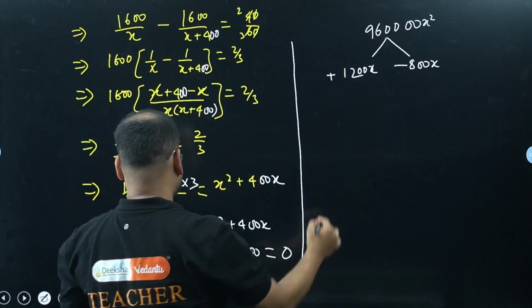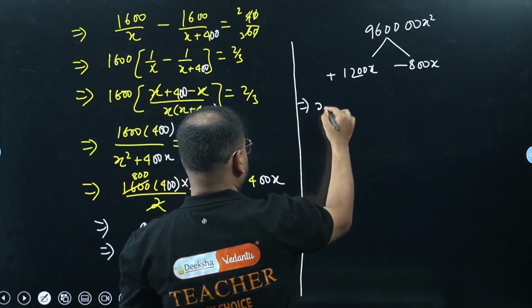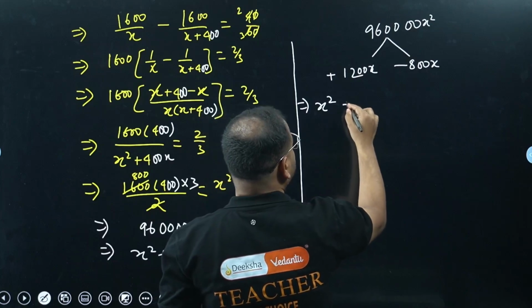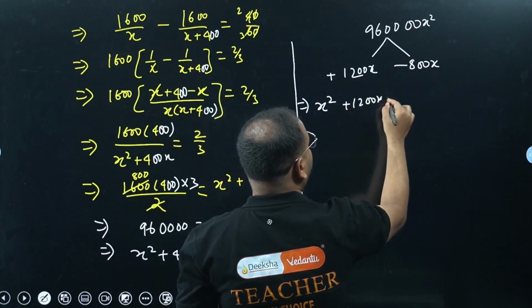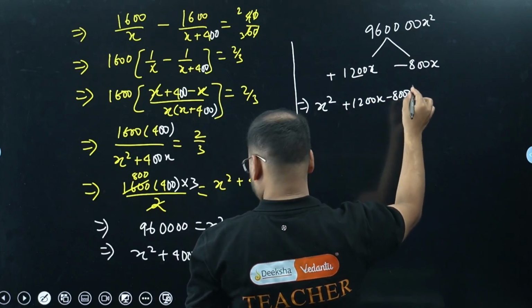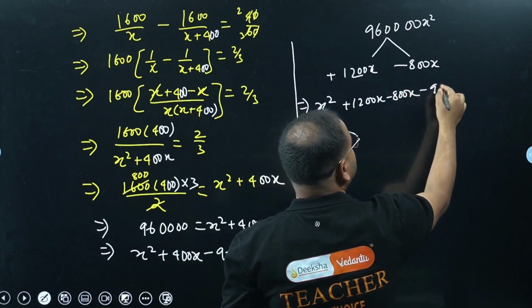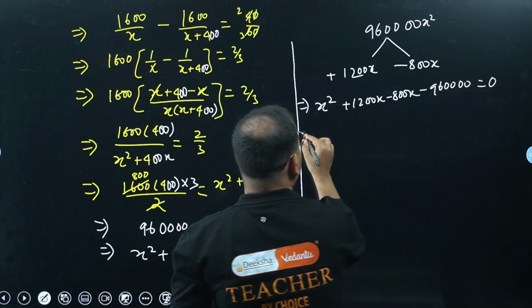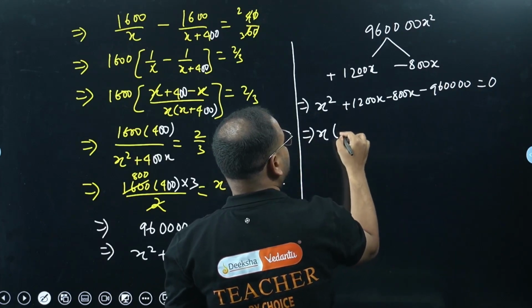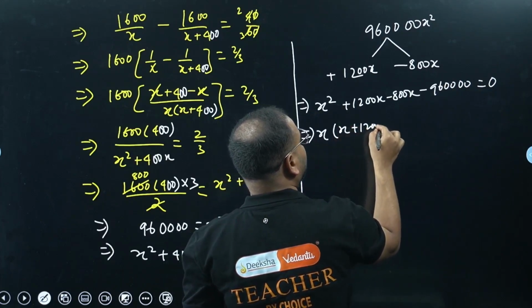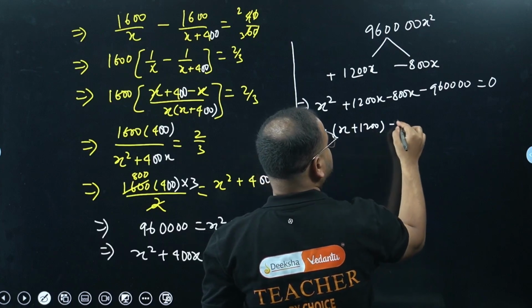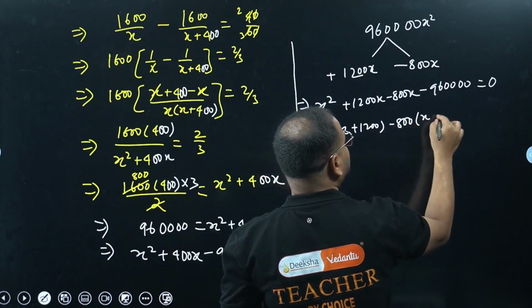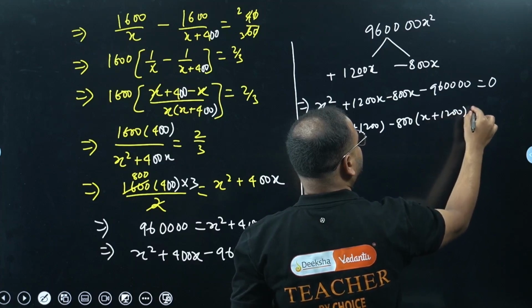Let's split the factors. This becomes x square plus 1200x minus 800x minus 960000 equals 0. What is common here? x plus 1200 is common from the first two terms, and minus 800 from the next. Sir, how do you know?